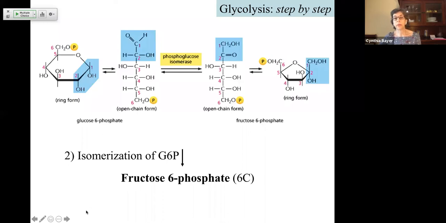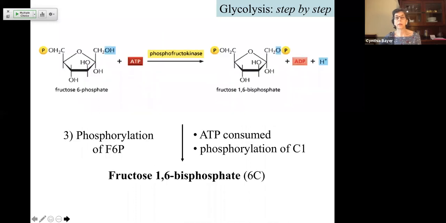Now, in the next step, we'll see fructose 6-phosphate is the next substrate, and it will be phosphorylated again. So here we have our fructose 6-phosphate, carbon 6 is phosphorylated. The enzyme phosphofructokinase will transfer, as a kinase does, right? It transfers a phosphate from an ATP to a substrate.